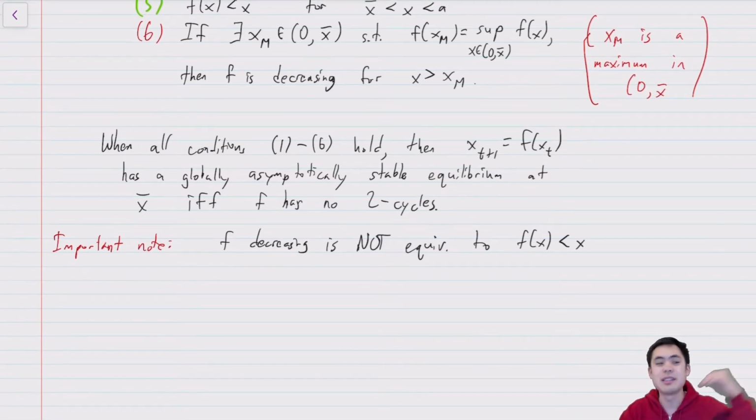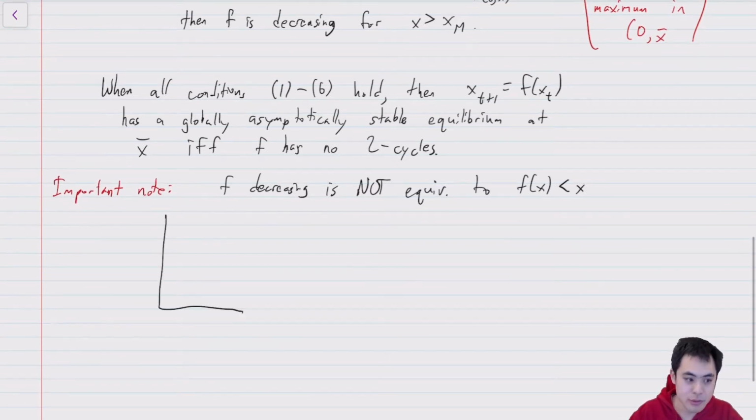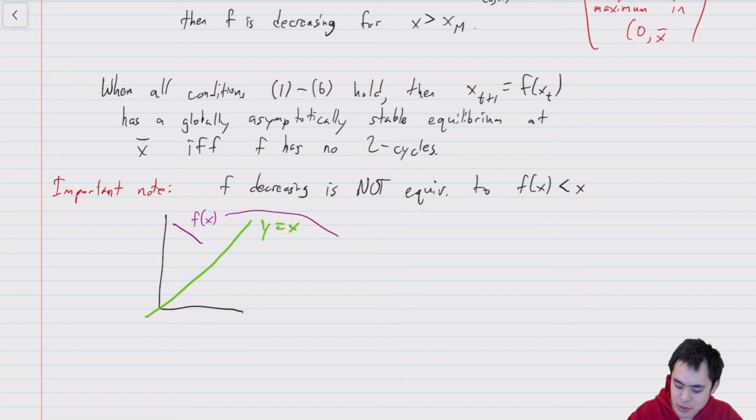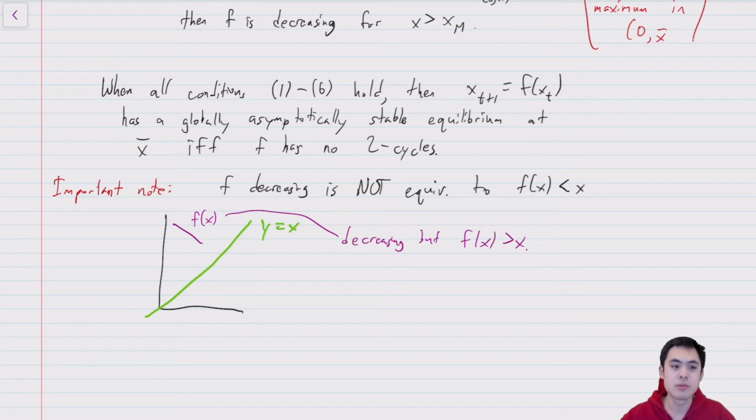The other is as x gets larger, what happens to f. So, for example, if we have our y equals x lying here, and we have f of x here, decreasing on this range, but f of x is greater than x. So just keep that in mind when you're understanding these things.